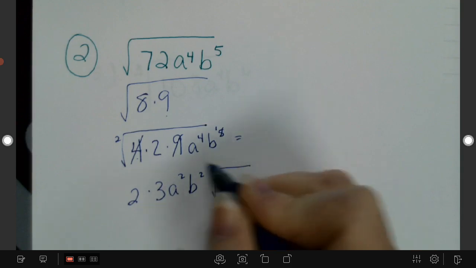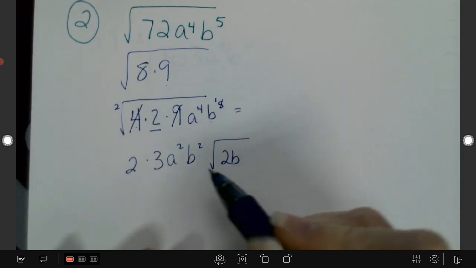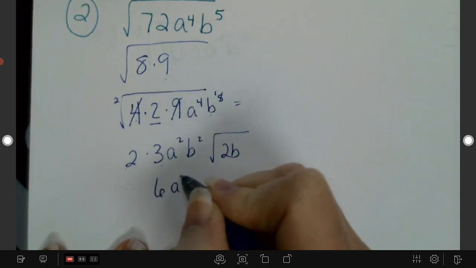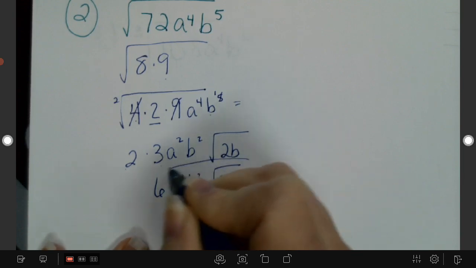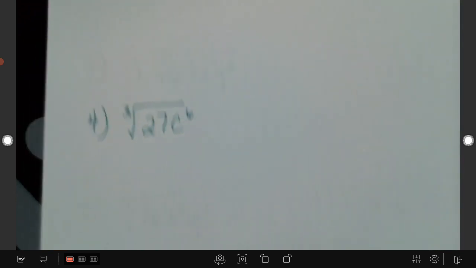So under the radical, you have a 2 and you have a b. Outside, you have 2 times 3, so 6a squared, b squared, square root of 2b. That's your final answer. Let's go try another one.